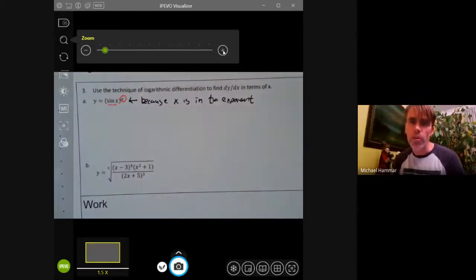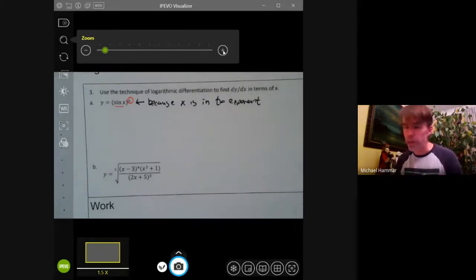If we use the rules of logarithms, it's going to allow us to take that x out of the exponent and make it multiplication. That is a really important thing when we are taking derivatives of functions. Whenever you get a weird function and the x is in the exponent like that, logarithmic differentiation might be a really helpful tool.